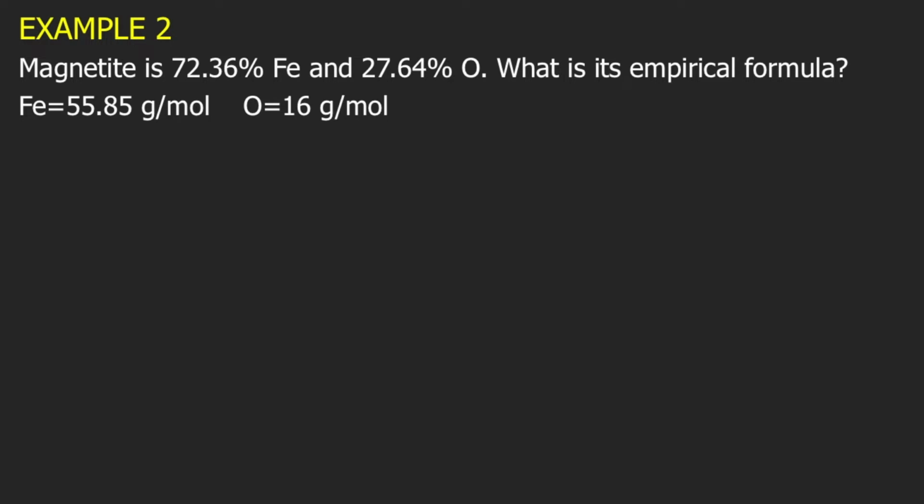Again, when you're given mass percent composition, the very first step, or your step 1, is to change percent into grams. So 72.36%, you change that to 72.36 grams of iron.